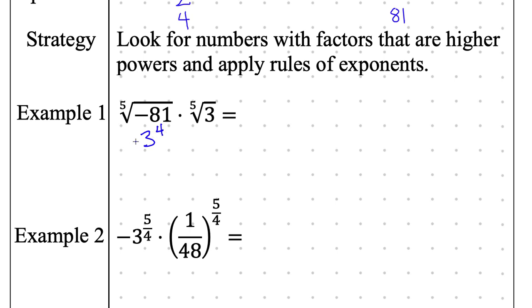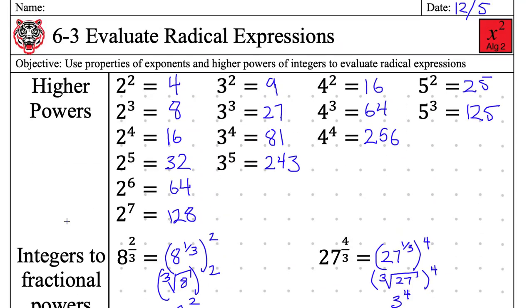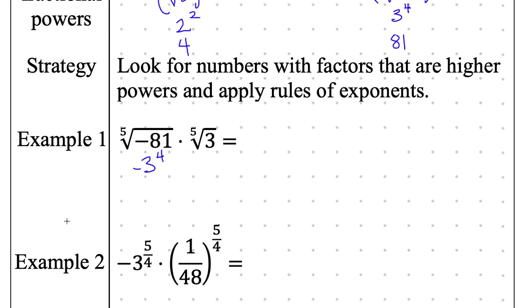To make sure it's negative 81, I'm going to do negative 3. Wait, is it to the power of 4? Yeah. Negative 3 to the power of 4. Perfect. Thank you, Lorea. And then I'm going to copy down the rest of the problem. This is still the 5th root of negative 3 to the power of 4 times the 5th root of 3. I only changed the fact that 81 is 3 to the power of 4.